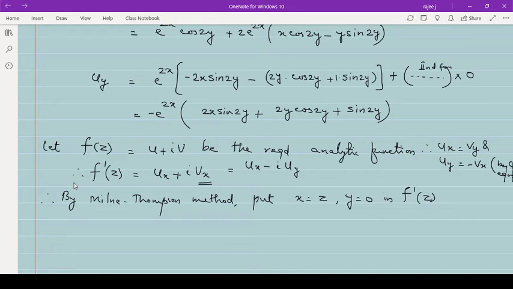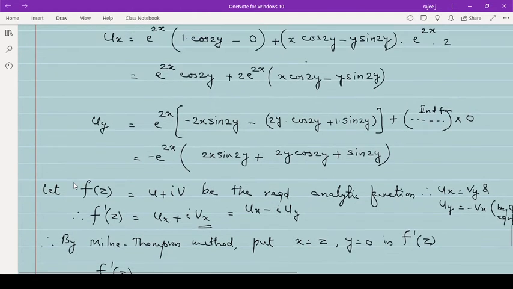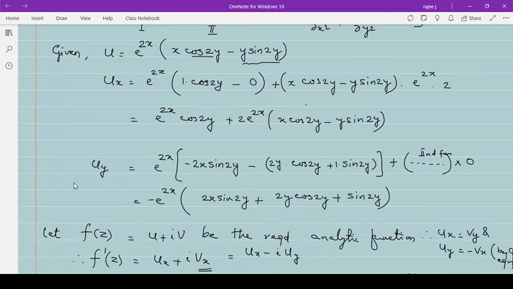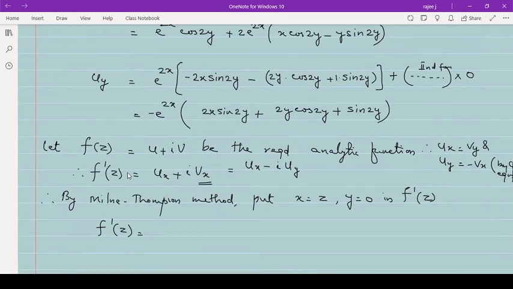I am not going to rewrite that again; I will directly put it, though if you write all the value of ux here minus i into all the value of uy there, no problem. So I am going to put x equal to z and y equal to 0: in ux we put z, 0, and in uy also z, 0.